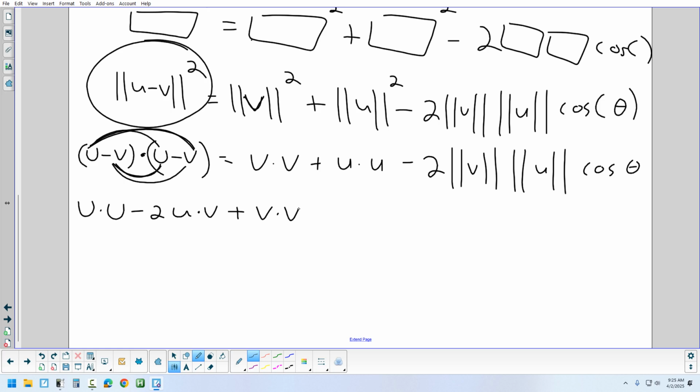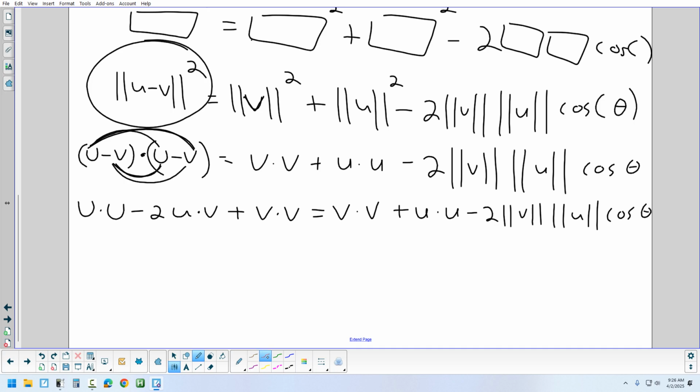And now copy down the rest of it. V dot v, u dot u, 2 magnitude, magnitude, cosine. Now, what's going to happen if you look at what's on the left and the right in the next step? You can take out a few things.